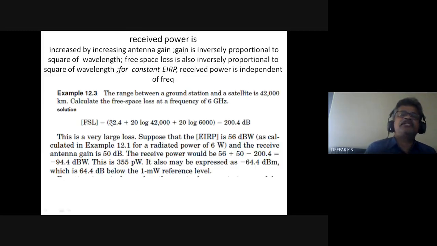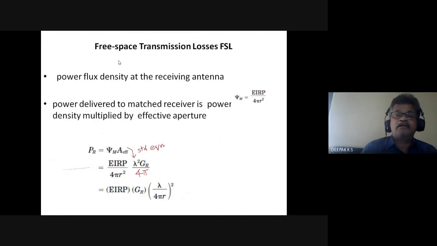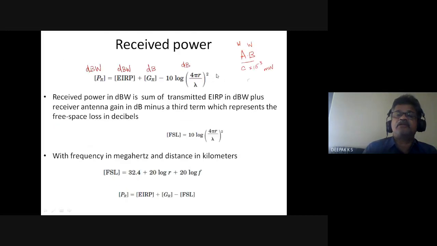So if you increase the gain of the antenna, received power is increased. And gain is inversely proportional to square of wavelength. So wavelength has a bearing on this gain.